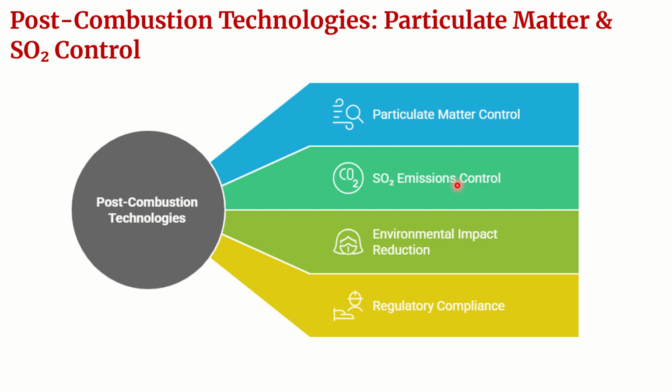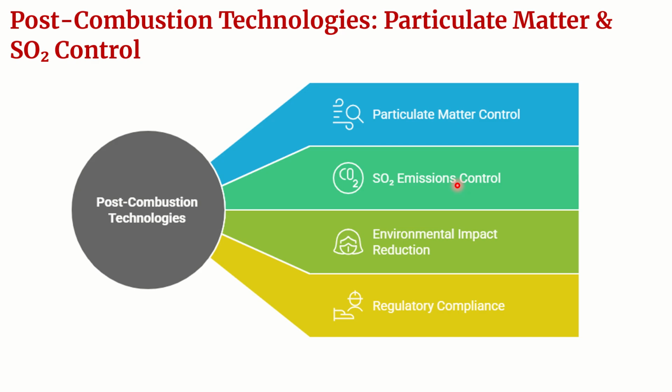So in the case of wet scrubbers, flue gas is sprayed with a slurry of limestone or lime. Sulfur dioxide reacts with the alkaline absorbent to form calcium sulfite or gypsum, which can be sold as a byproduct. So it produces high removal efficiency, nearly more than 90%. In dry scrubbers, an alkaline sorbent like lime is injected dry into the flue gas or a spray dryer, where it reacts with sulfur dioxide.